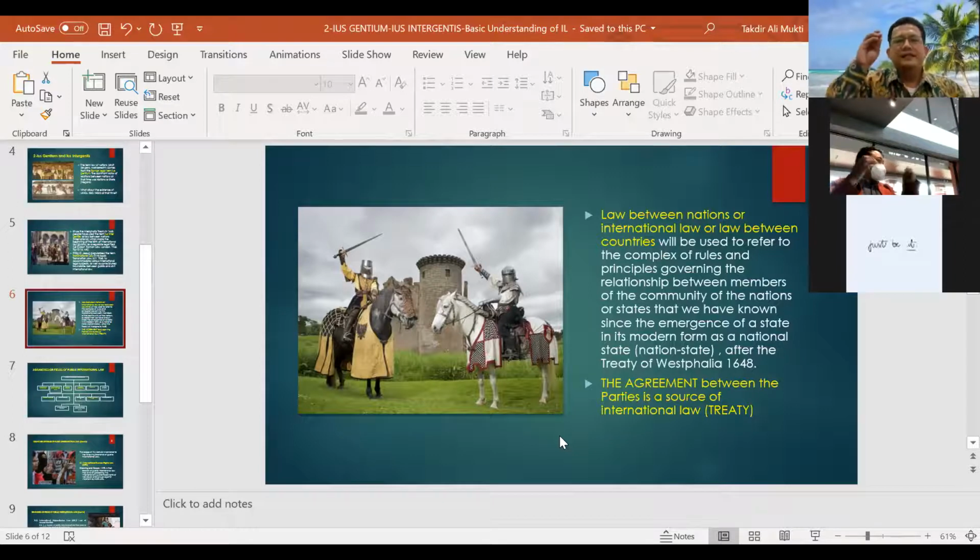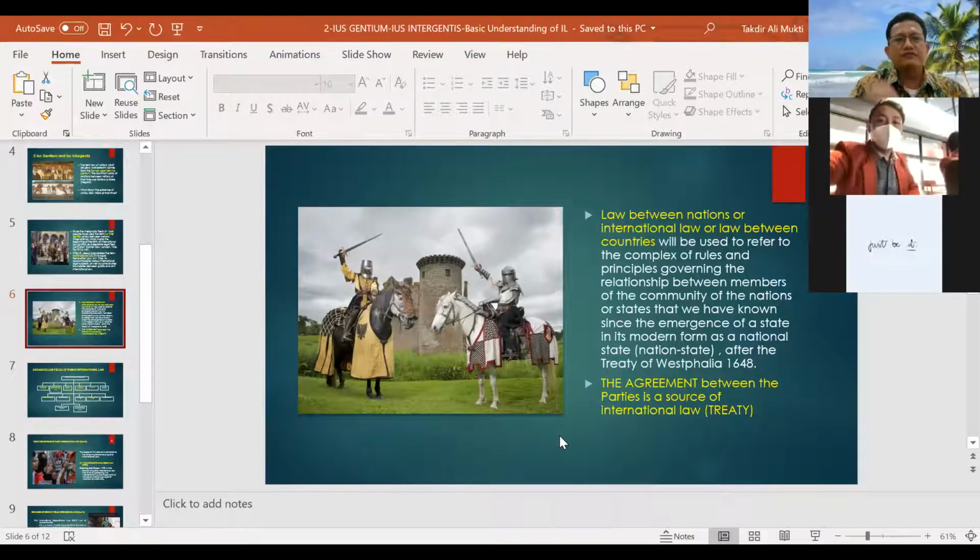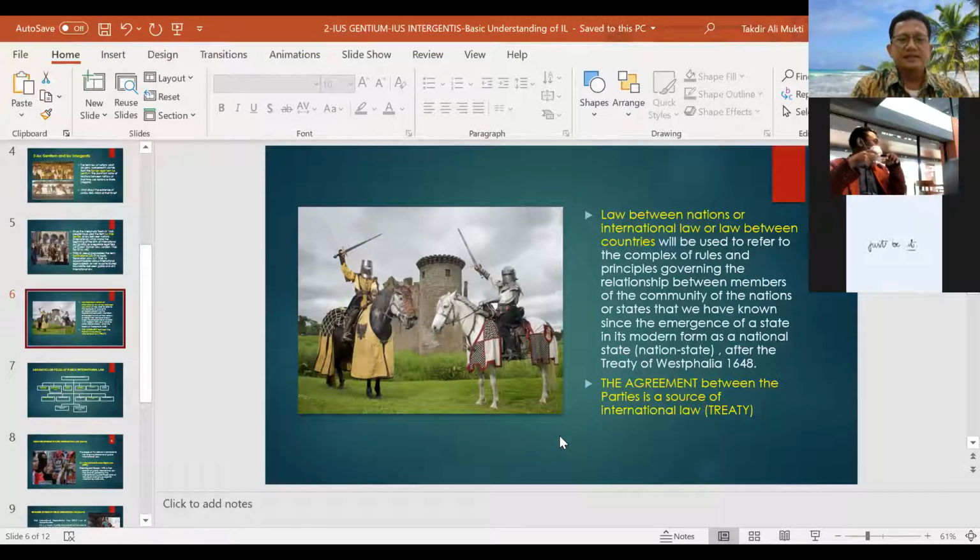Once again, the most important thing in international law is the source of international law. We call it agreement or treaty. The Westphalia Treaty is an agreement, and that is the core, the main source of international law.